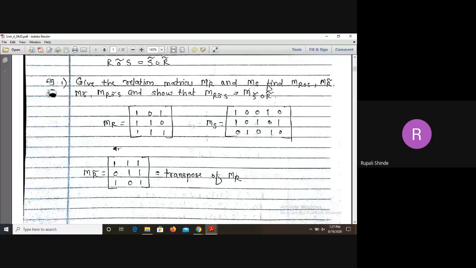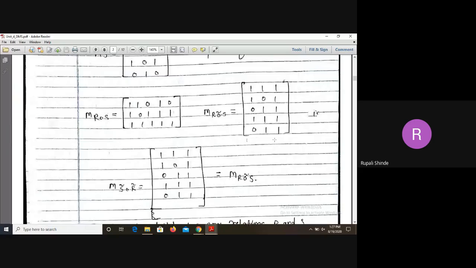Again second row fourth column, so 1 into 1 1. So its final value is 1. Then second row last column, again its final value is 1. So here your second row in R composition S is 1 0 1 1 1.